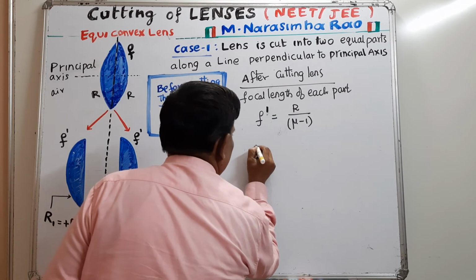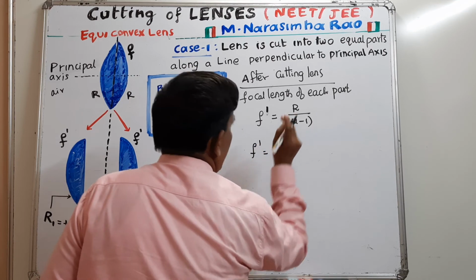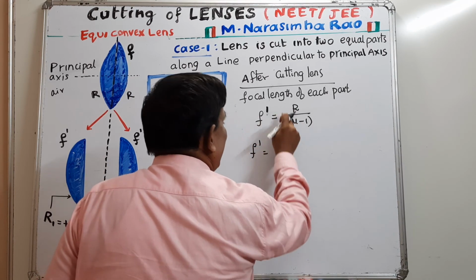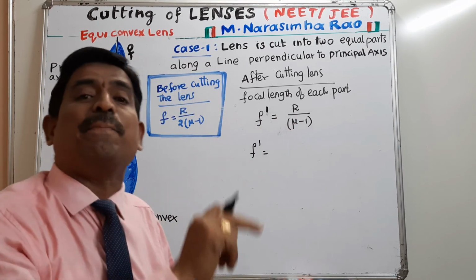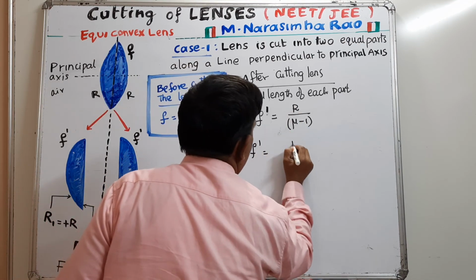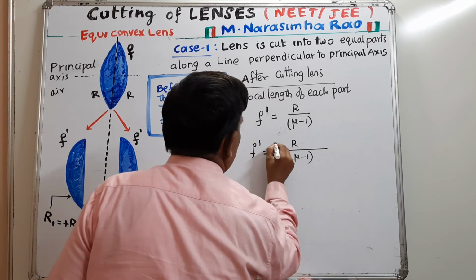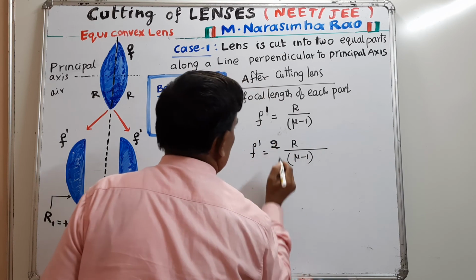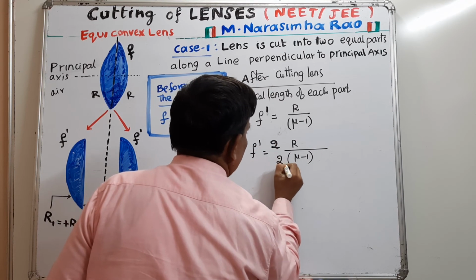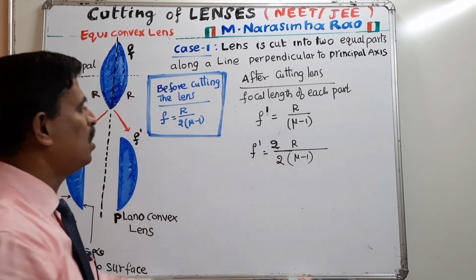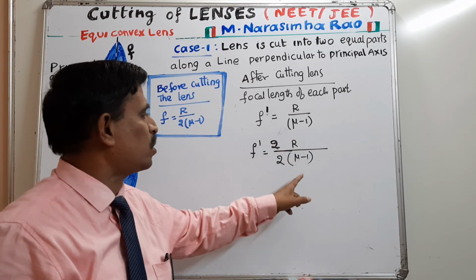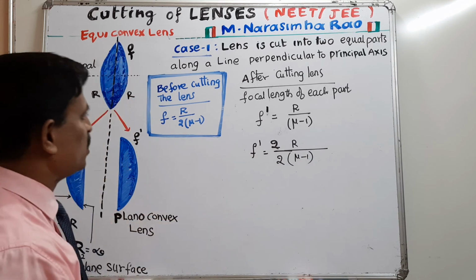This I am writing: F dash is equal to R by mu minus 1. Numerator and denominator are multiplied with 2.